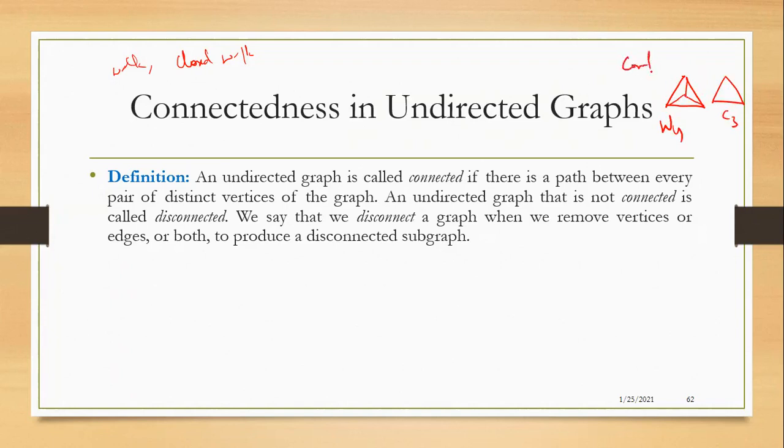Or even in a complete graph, where every vertex is connected to every other vertex. This is K4. All of these graphs are called connected graphs, because for every pair of distinct vertices we have an edge. An undirected graph that is not connected is called disconnected.